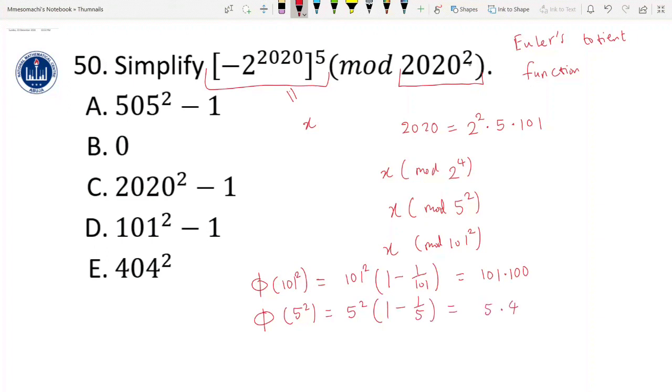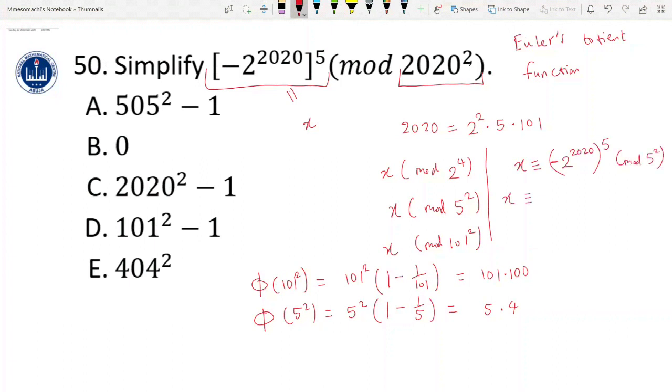Okay. So now let's look at what x is congruent to mod 5 squared and mod 101 squared. So x is congruent to negative 2 to the power 2020 to the power of 5 mod 5 squared.